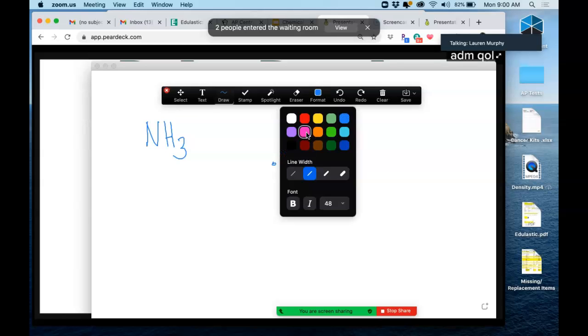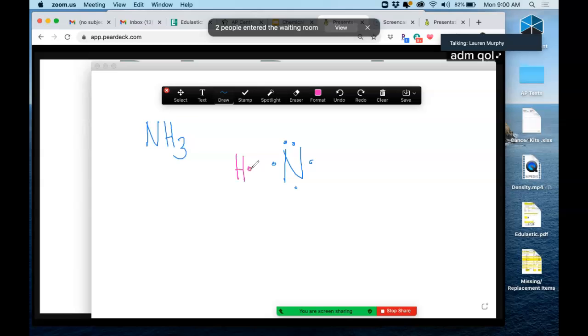So nitrogen has 5 valence electrons. Hydrogen has 1 bond. I need 3 hydrogens. Okay, so here it is, ammonia.